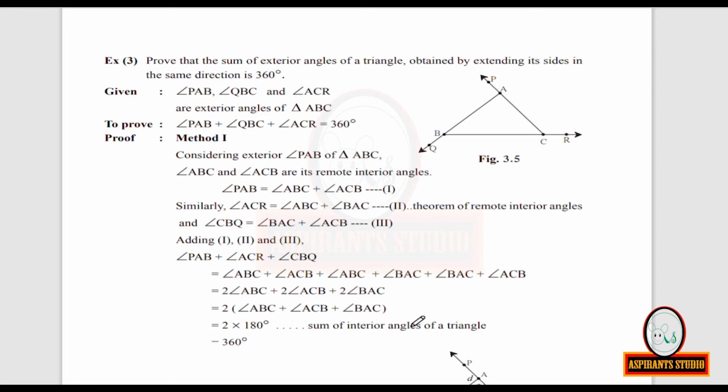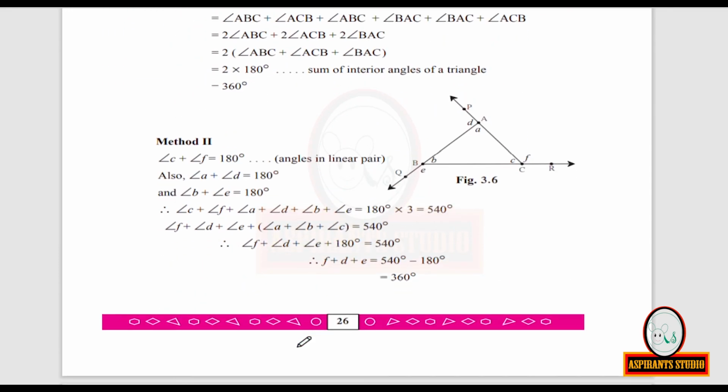This is otherwise 180 degrees, because sum of the interior angles of the triangle is of measure 180 degrees. So now, 2 into 180 degrees will give you 360 degrees. So that is equal to 360 degrees. This is method 1. Now coming to method 2.